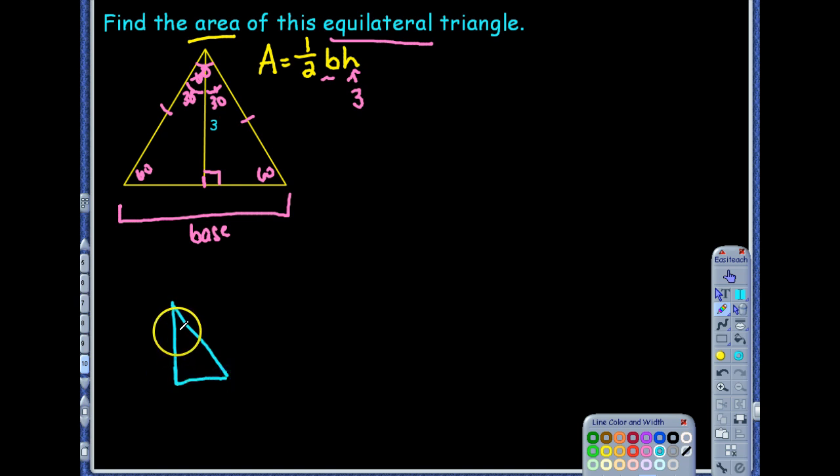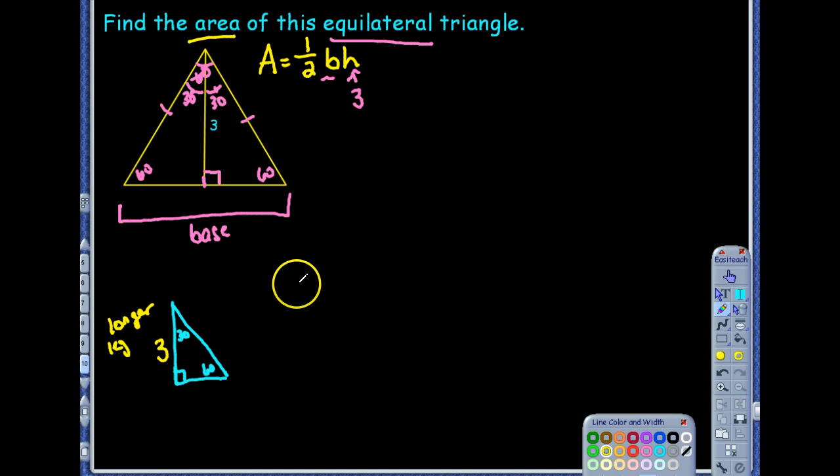Now, while she's drawing that, think about it: our goal is to try to find that whole side length. They're giving you, in that special right triangle, the longer leg. And anytime they give you the longer leg, we have to then find the shorter leg, because we can't do anything without the shorter leg.